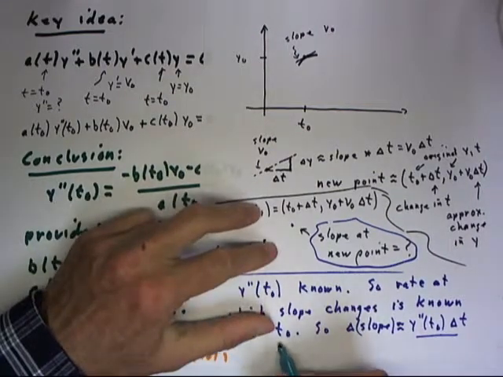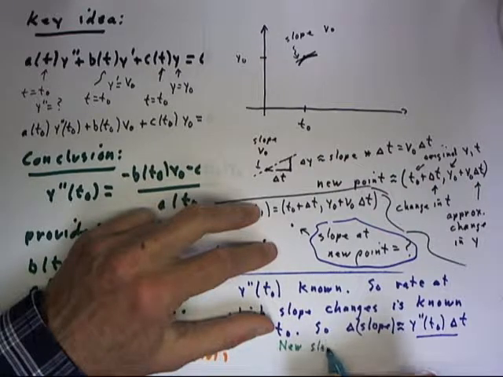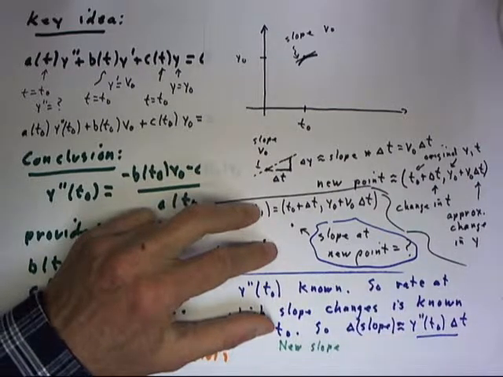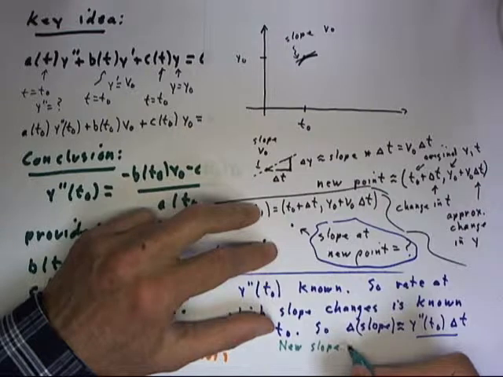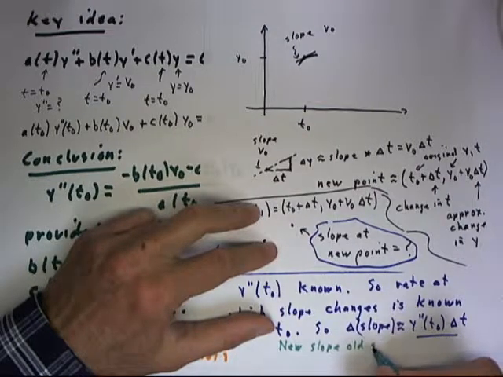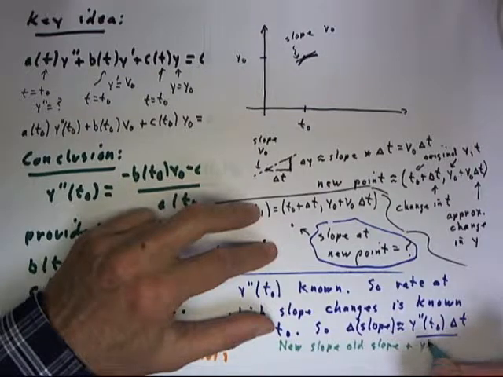We will conclude then that our new slope should be old slope plus y double prime of t naught times delta t.